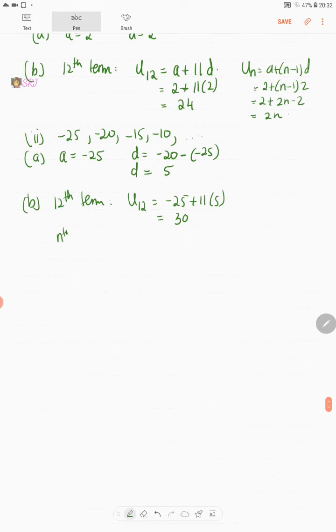And for the nth term, un, we obtain minus 25 plus n minus 1 times 5, plus 5n minus 5, minus 25 minus 5 is minus 30 plus 5n.